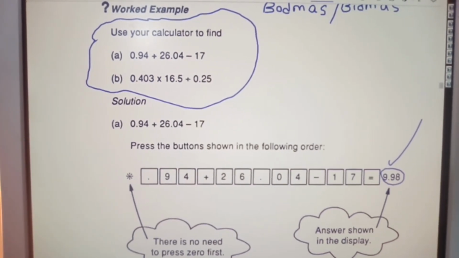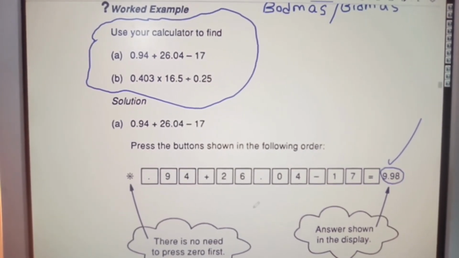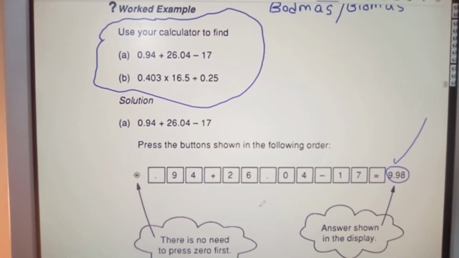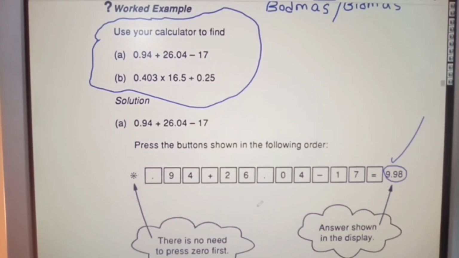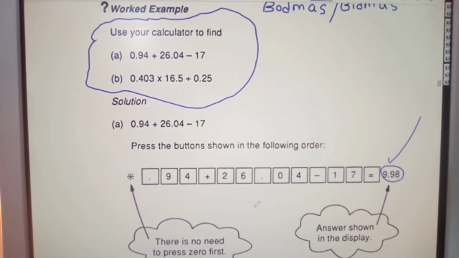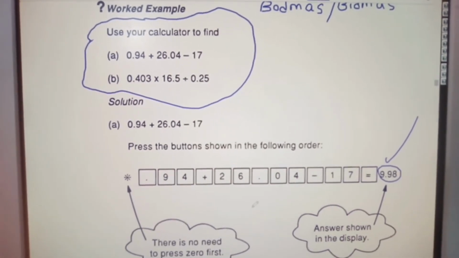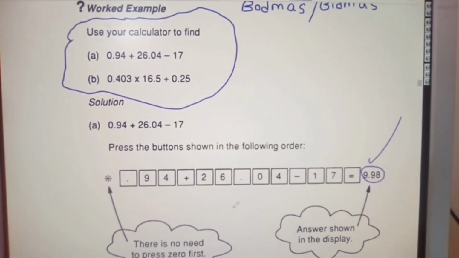My calculator was not giving me the correct answer. Peculiar. Yes, 9.98, that is correct. It goes to show that even your calculators can make mistakes, so be aware of that.